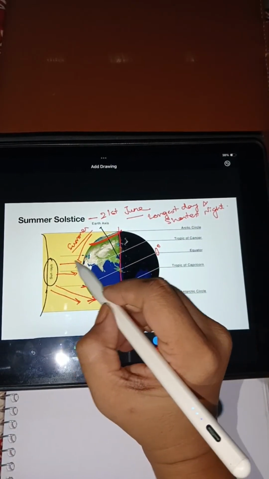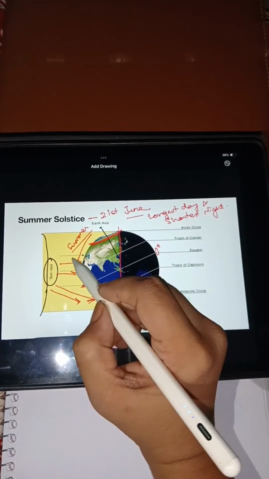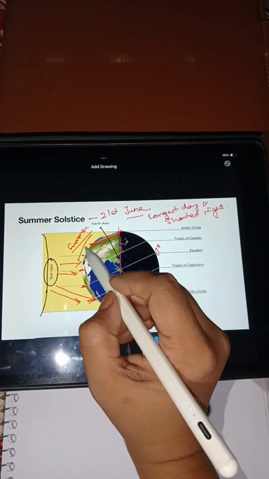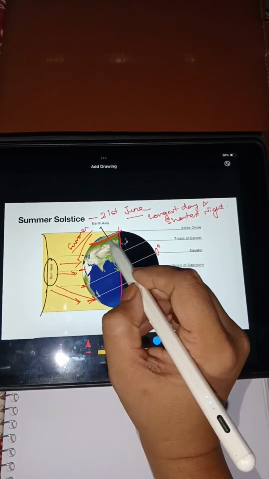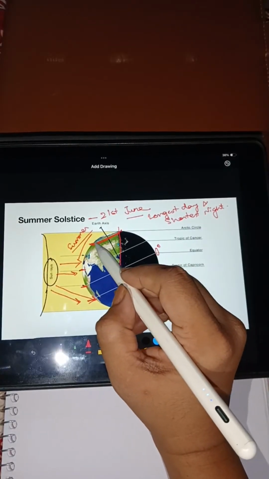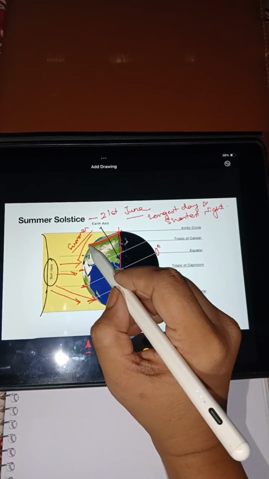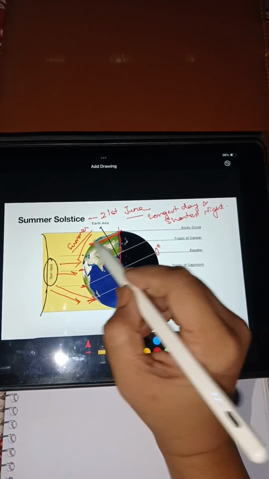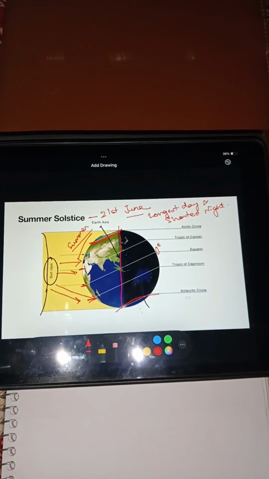Again the tilt is towards the sun, and that is why the rays are covering the whole of this area, so there is summer and daylight for these 6 months.